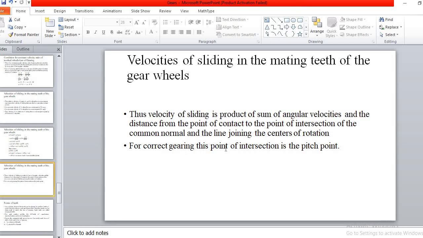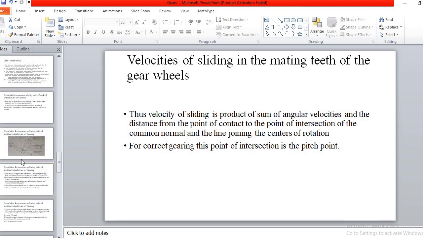For correct gearing, this point of intersection is the pitch point.